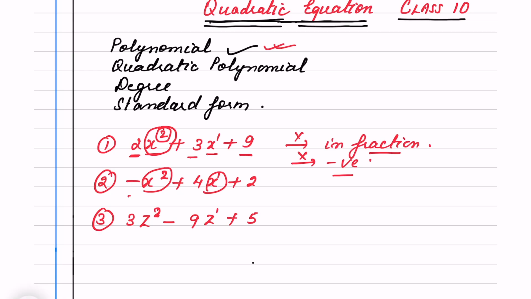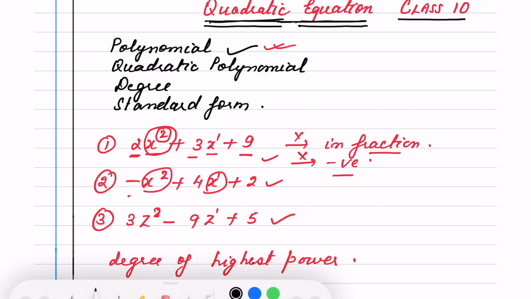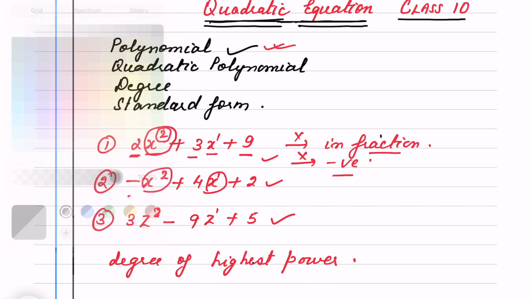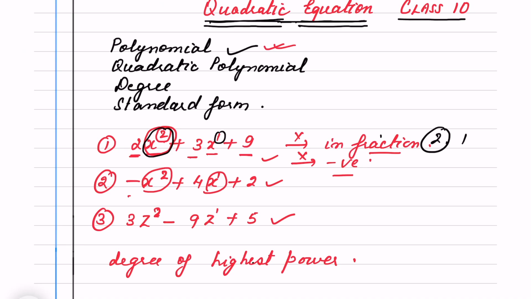We come to quadratic polynomial. You see, all I have taken are quadratic polynomials, where the degree, the highest power of the variable, is 2. Here you can see the power is 2. Here the highest power is 2. 2 and 1 are there, where the highest power is 2.